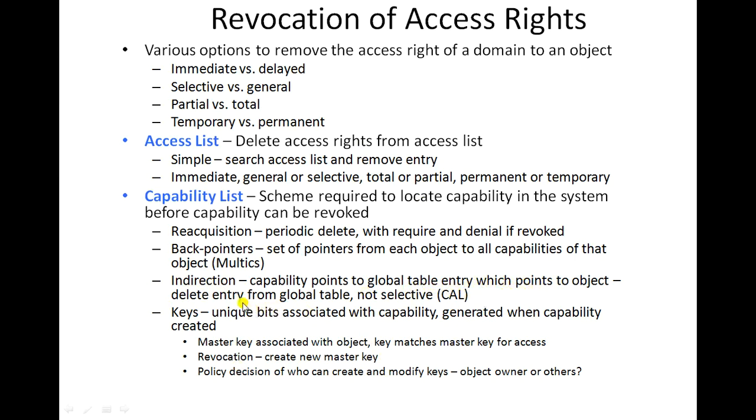So delete an entry from the global table, but it is not selective. In case of keys, the unique bits are associated with the capability, generated when the capability is created. There is a master key associated with the object, and the key matches the master key for access. For revocation, create a new master key.